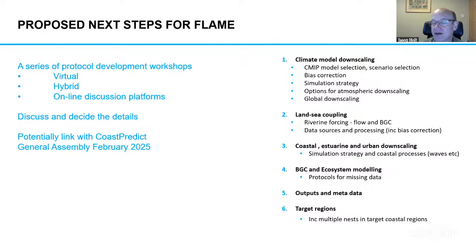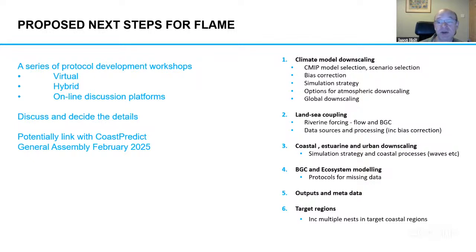They would cover aspects like the climate model downscaling protocols, the land-sea coupling protocols, how we deal with very fine scales, for example the coastal, estuarine or urban scale, and ecosystem modeling, for example what you do with missing data and the output targets, and then deciding the issue about the target regions and whether we can get some consensus on that.